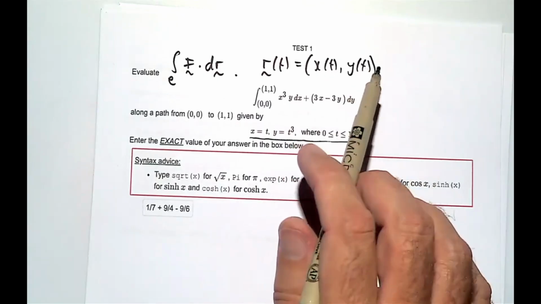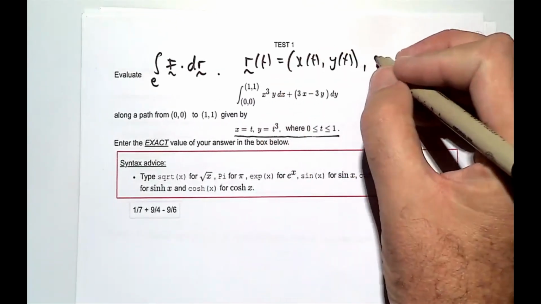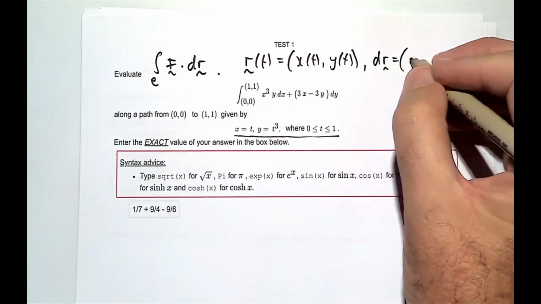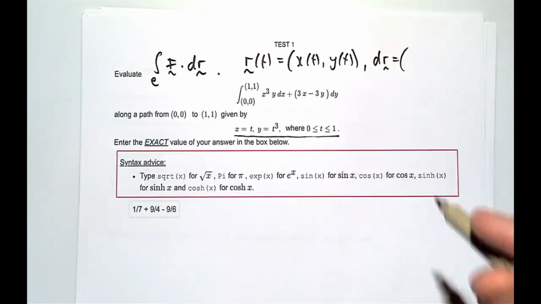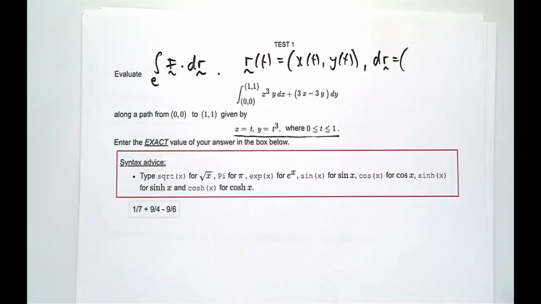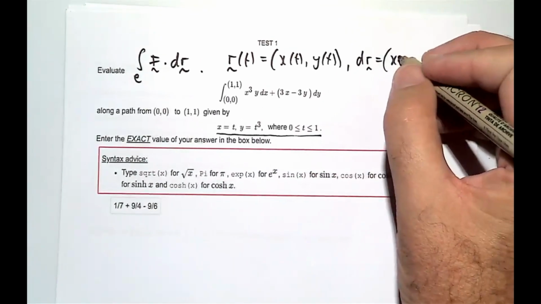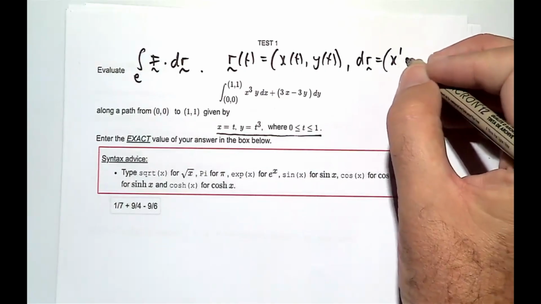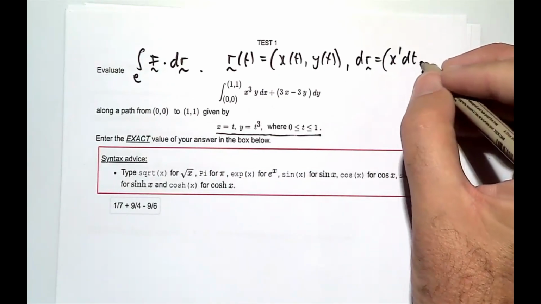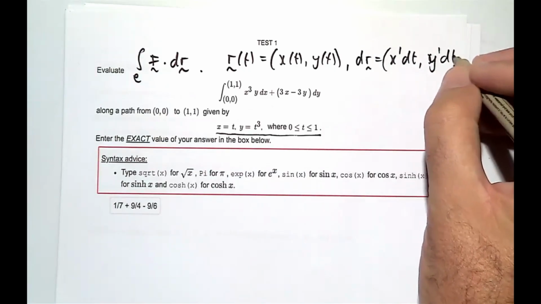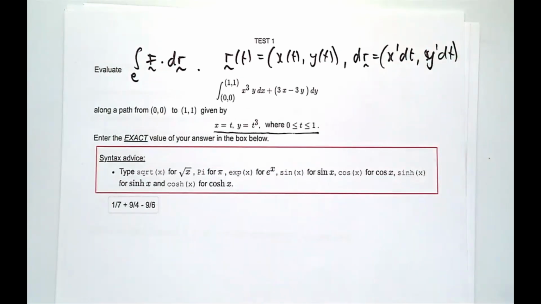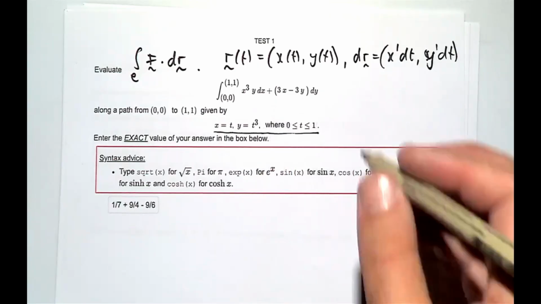I can form the differentials for this. The dashes mean derivative, the dt's are the differentials. So how does that work with this kind of problem? Let me have a look.